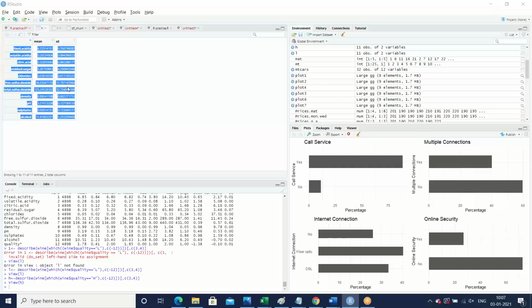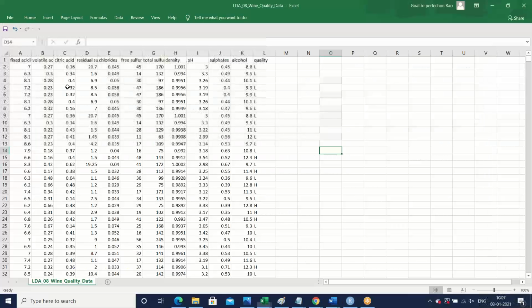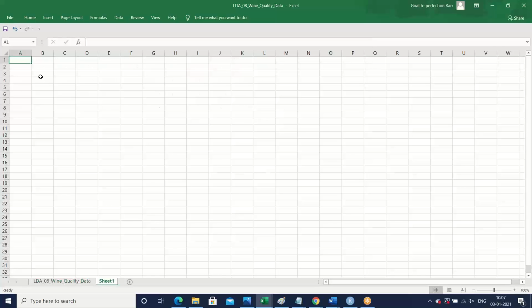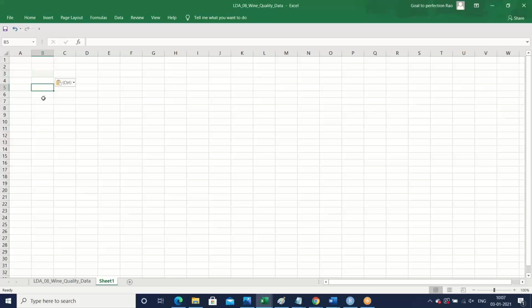Okay, now go back to the Excel. Just add a new sheet over here. Okay, press Control V over here now. Are you using some Excel online? No, this is a normal one.